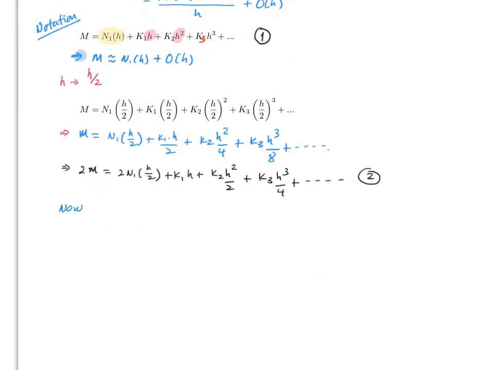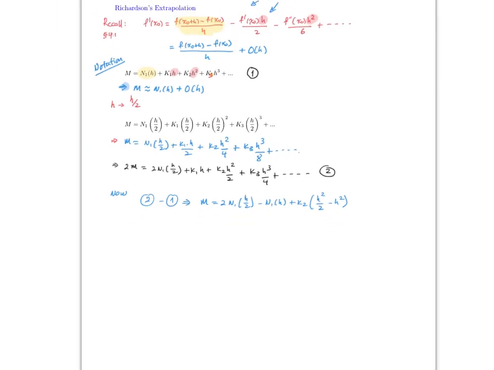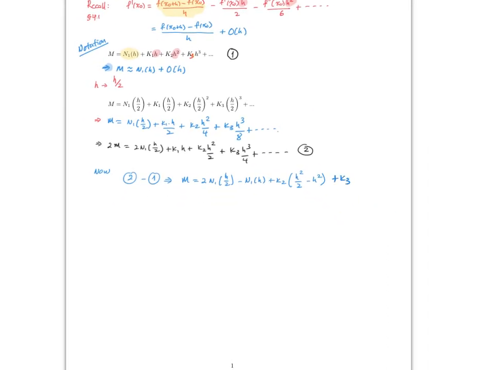Now if we do equation 2 minus equation 1, we get that M is equal to 2 M1 of h over 2 minus M1 of h plus k2 of h squared over 2 minus h squared. We're just combining like terms. Then plus k3 of h cubed over 4 minus h cubed, and then it keeps going.